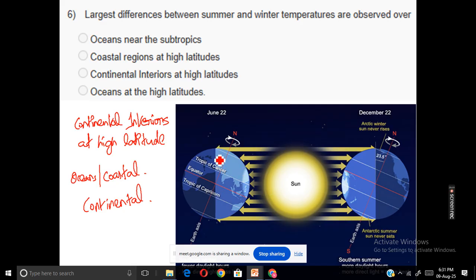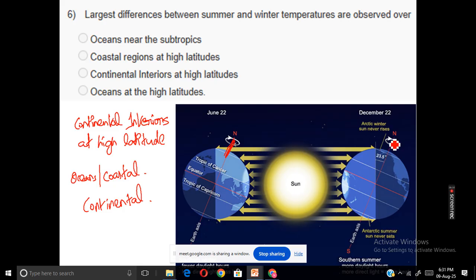During summer, the axial tilt, or the axis, is facing the sun, so the polar region is receiving some amount of solar radiation. Okay. Now when December happens, the axis which was tilting towards the sun is now tilting away. And some radiation is reaching the polar regions.